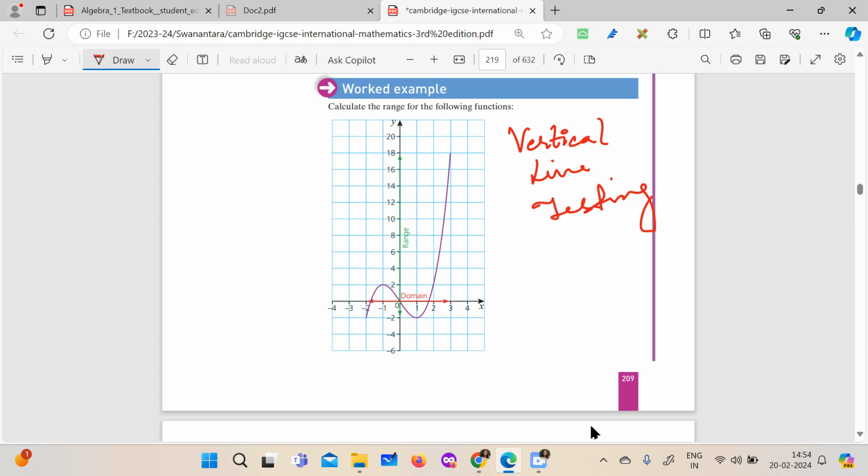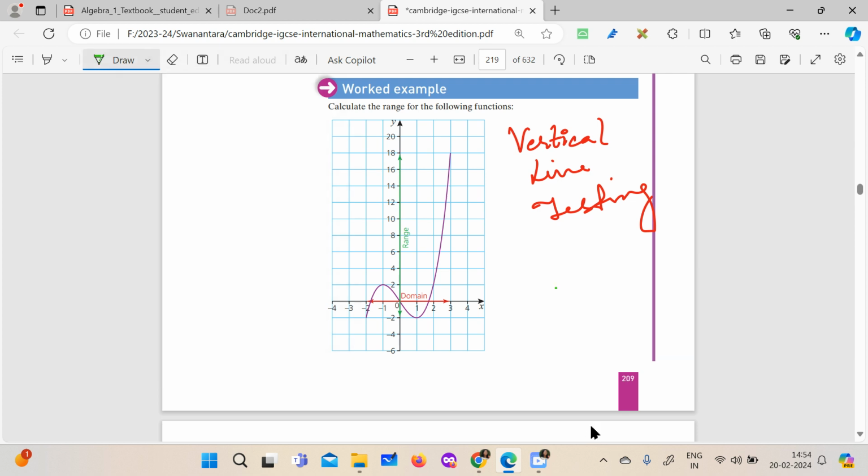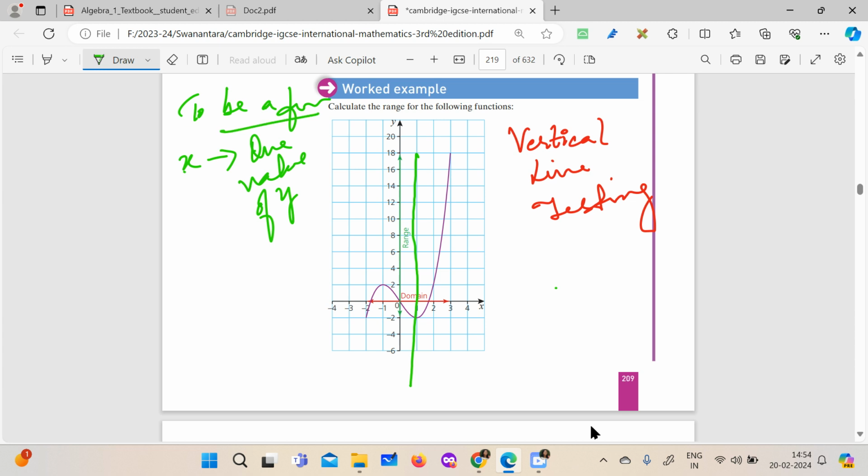As the word says, I'm going to draw a vertical line, like this, see. I gave a condition that every value of x should have just one value of y, right? Yes, to be a function. You remember this? Yes.